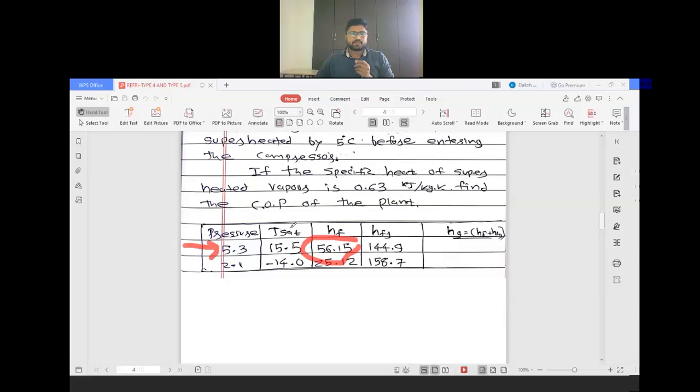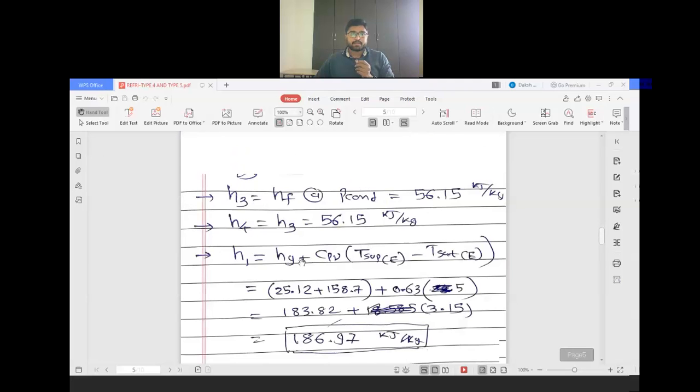So 56.15 would be our H3. Clear? And we all know that H3 is equal to H4. Then after, for H1, what is the formula? Hg plus Cpv, T superheated evaporator minus T saturated evaporator.